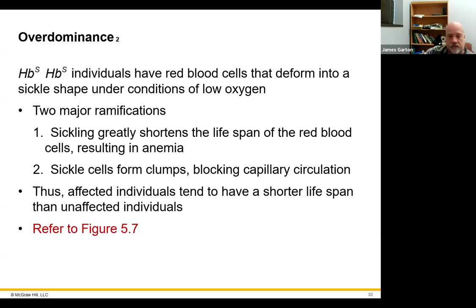The sickled cells also now have a long axis and a short axis. And if they turn along their long axis, they can get stuck in the capillaries. And they can do things like cause great pain in certain joints and certain organs. And fully affected individuals with sickle cell anemia tend to have a shorter lifespan than those that are unaffected.